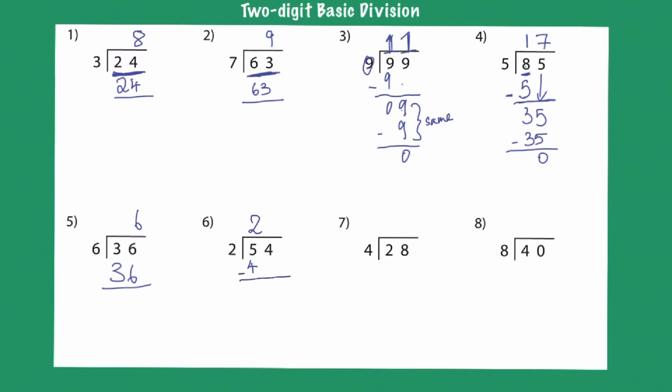Then I'm going to subtract. 5 minus 4 gives me 1. Then you bring down this 4 right here. How many groups of 2 can fit into 14? 7. 2 times 7 gives me 14. So the final answer is 27.